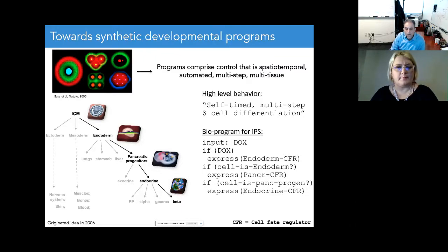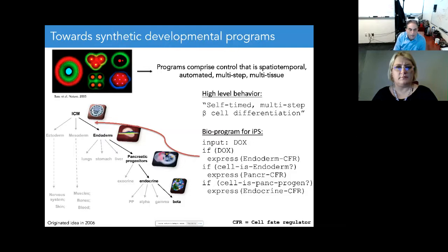Now, the way to achieve this is, as a computer scientist, I think about this as a biological program that has several different timed steps, and basically they're these if-then statements, or if-then rules or actions. So the first action is take a stem cell and cause it to become endoderm, and I'll show you exactly how we did that.